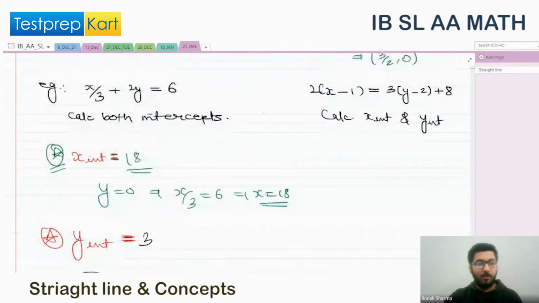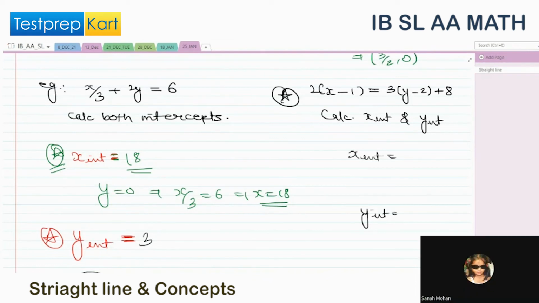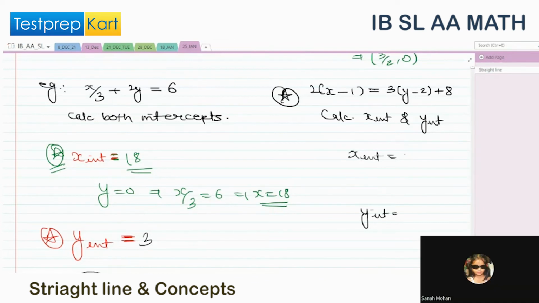Now go for the same procedure and tell me the value of the x-intercept and y-intercept fast, and try to increase the pace of calculation a little. Come on. So tell me the answer then. The x-intercept is 2.